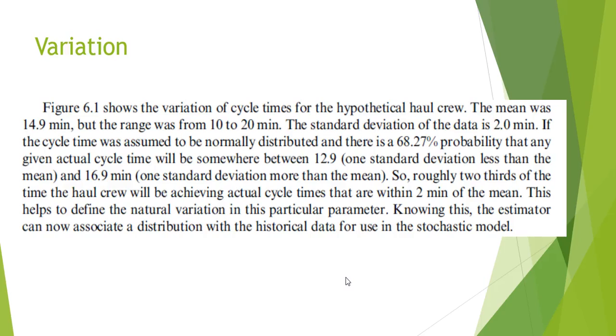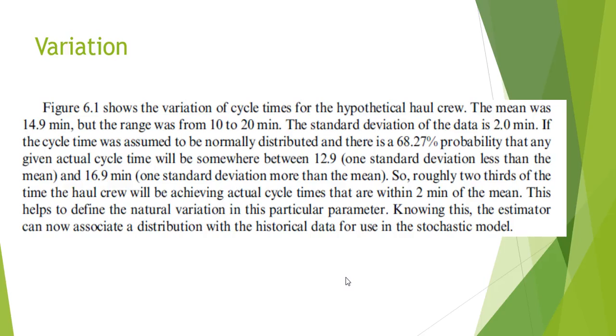If we assume that the cycle time was normally distributed, then we'd find that there's a 68.27% probability that any actual cycle time would be somewhere between 12.9 and 16.9, and you get those numbers by subtracting one standard deviation or adding one standard deviation to that mean. Okay, mean is 14.9, standard deviation is 2, so you get 12.9 or 16.9.